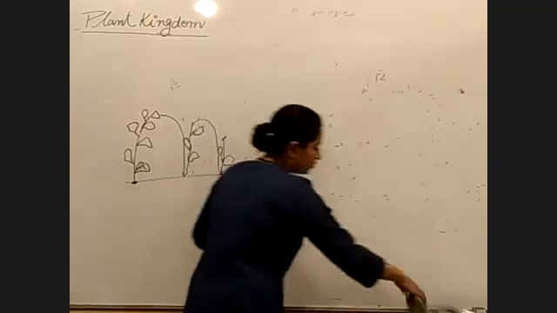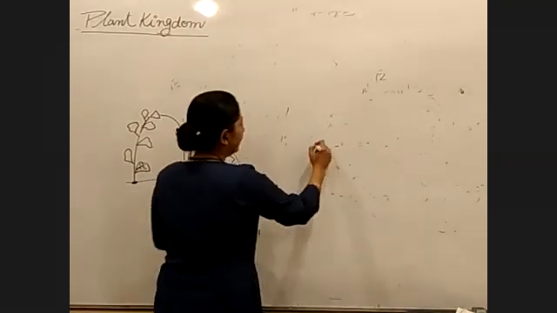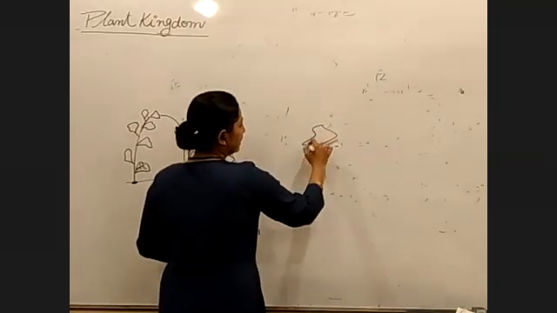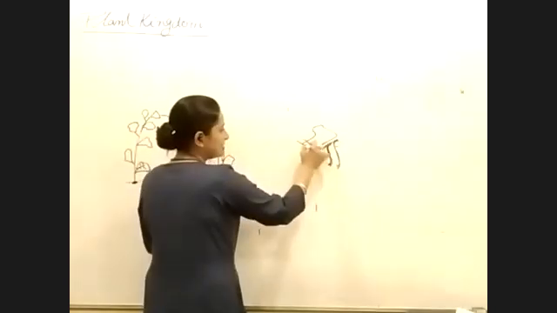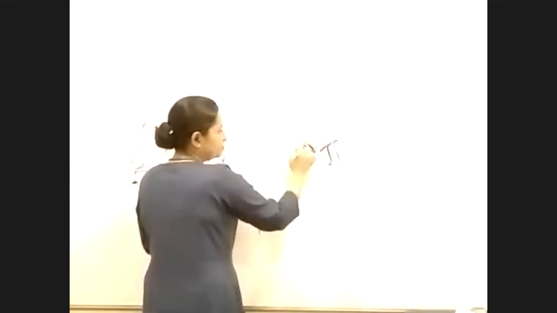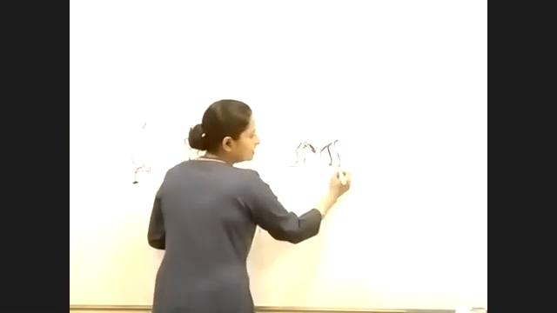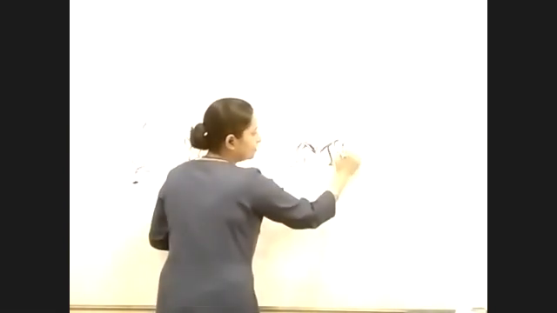So, just to have an idea, if this is a banyan tree, they will have the stems, right? From the stems, a certain type of root develops, long roots. If roots can ground or touch, they will develop a new plant.